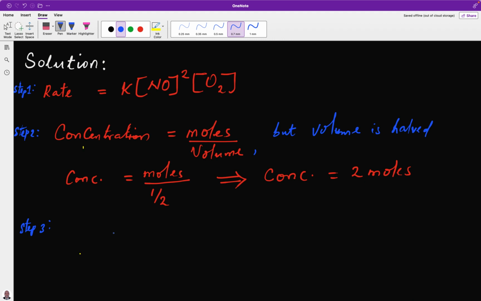So if the concentration is equal to 2 moles, therefore the concentration of both NO and oxygen doubles.